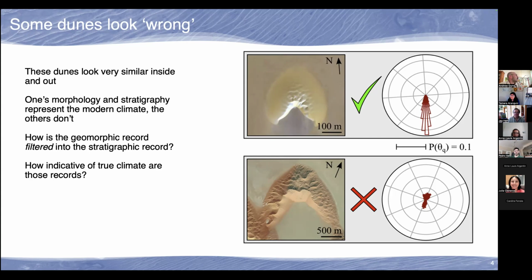So I think we just need to come up with new ways of studying the landscape. There's only so much you can do by looking at the topography from above.